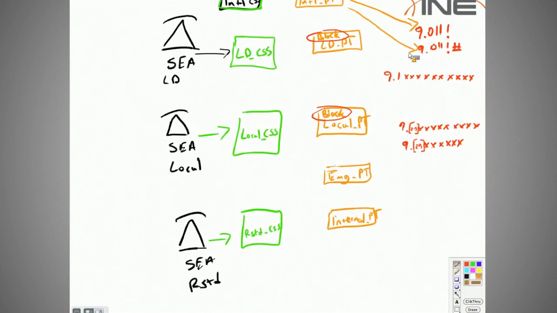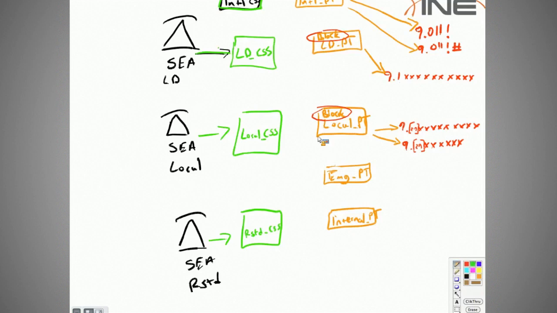Patterns are inside the partitions, but from the perspective of calling, we call through the CSS to the partition and eventually find patterns within that. We've got our block long distance, and we've block local. Doesn't block anything, internal doesn't block anything.